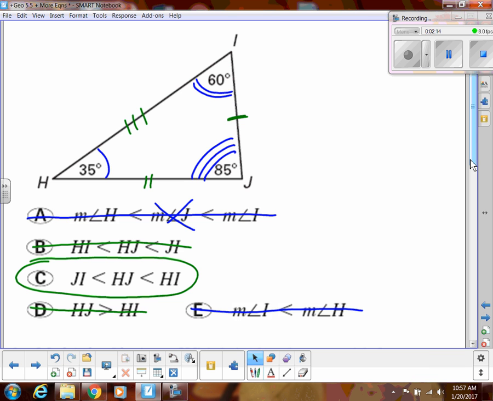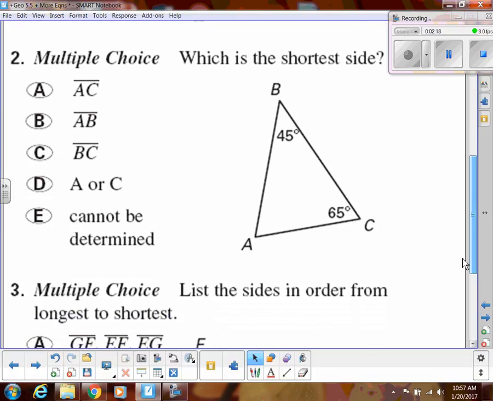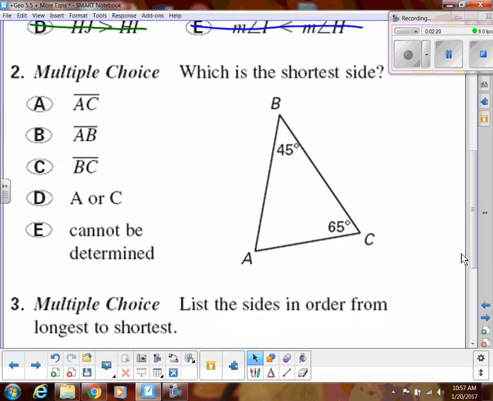All right, moving on to number 2. The directions are: which is the shortest side? You can pause the video again. So now we've got two angles.